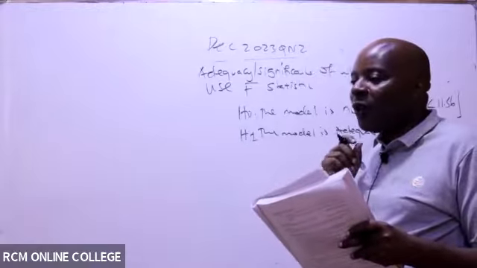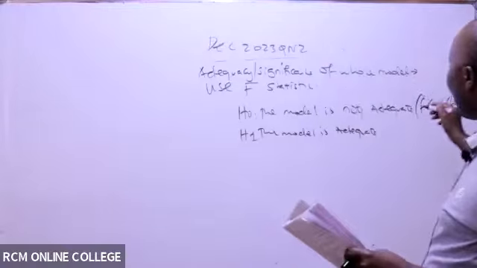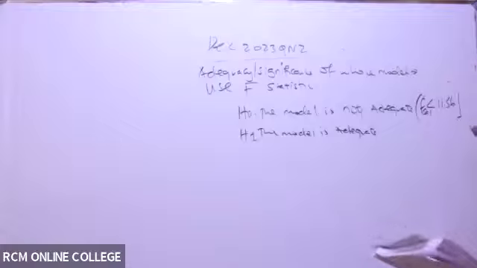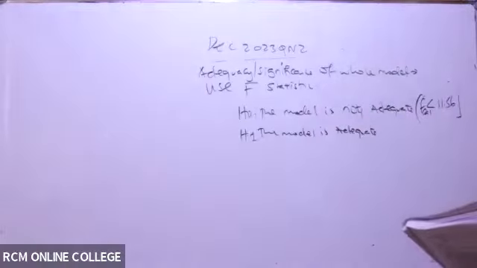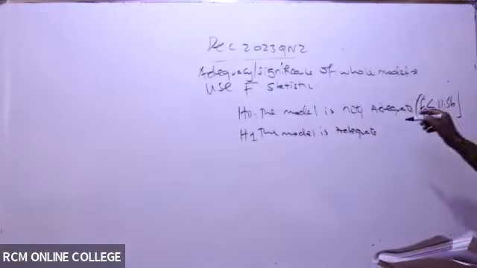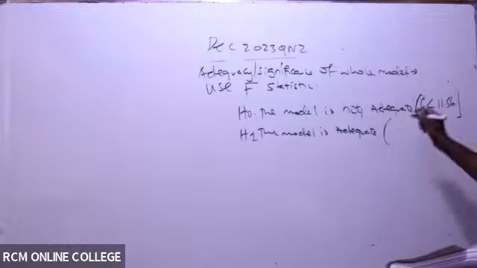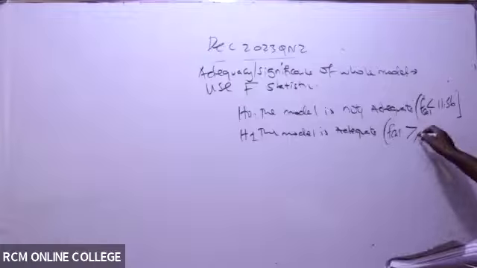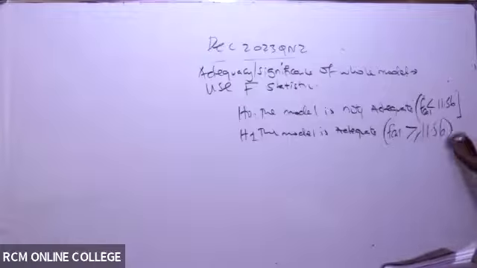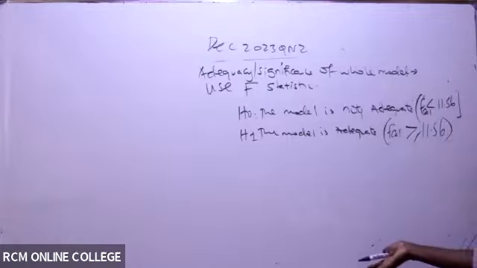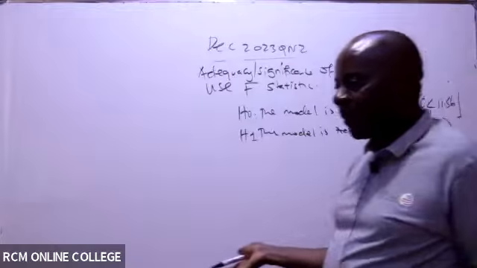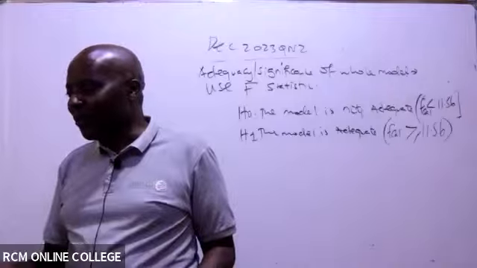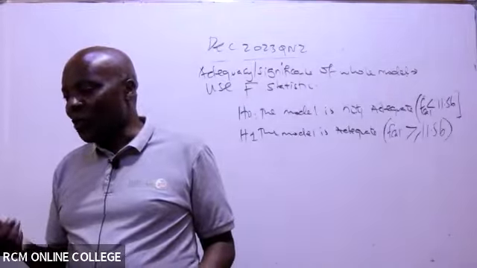But we should calculate our F. If the F calculated is less than the table value, then the model is not significant. But if the F calculated is greater than or equal to 11.56, then we support H1.